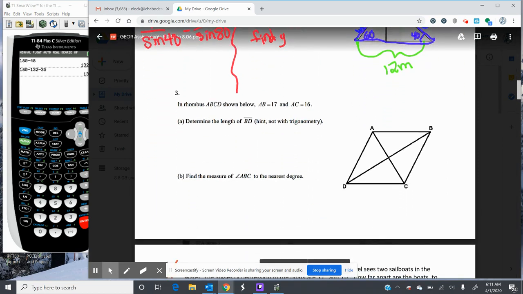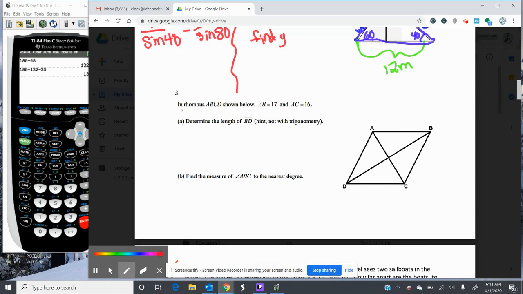And number 3, in the rhombus ABCD. Okay, so this is kind of jumping back to our unit 5. The rhombus, remember, has 4 equal sides, diagonals that are perpendicular, hint, hint, hint, gives you right triangles. So if AB is 17 and AC is 16, now AC, the whole measure, is 16.